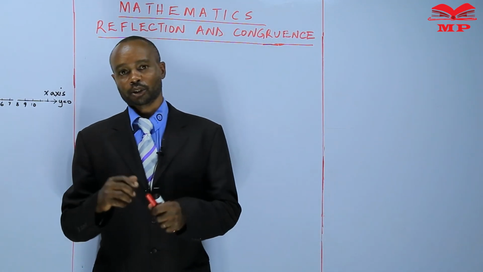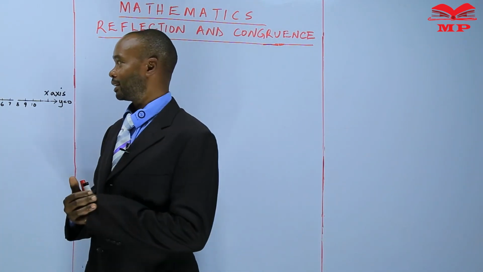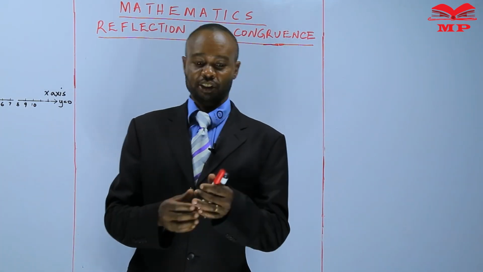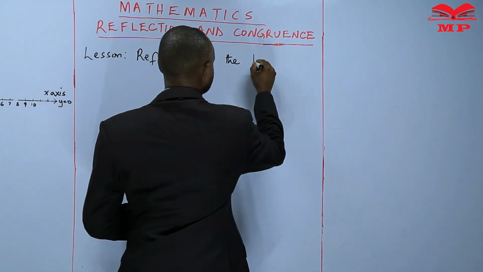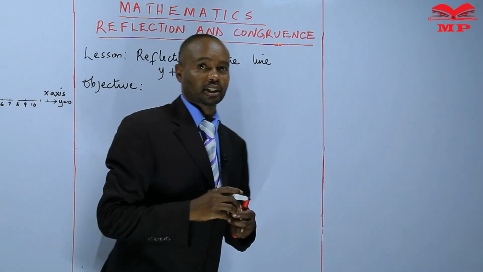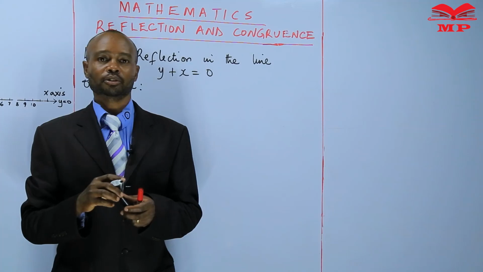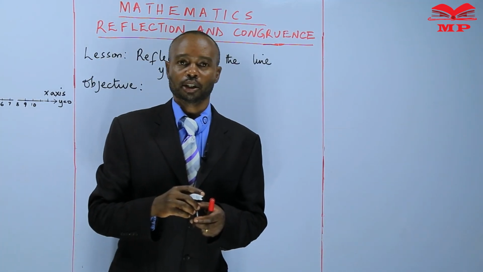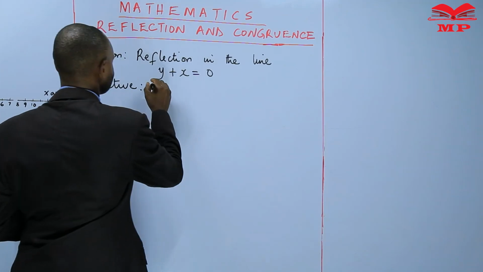In this lesson, we are going to look at yet another new line where y plus x is 0. At the end of the lesson, the learner should be able to deduce or get points or images of points or objects reflected in that line.